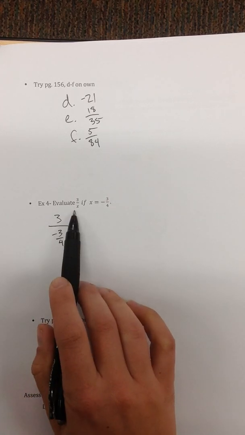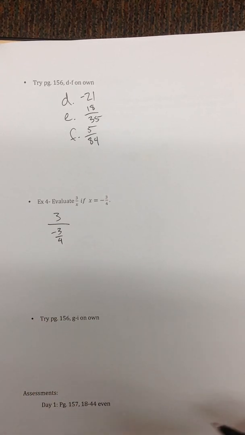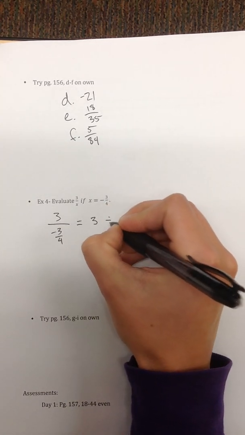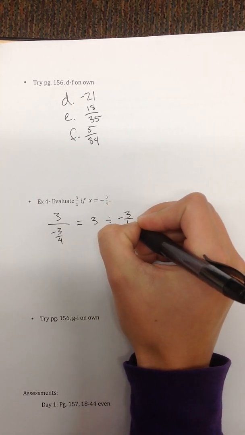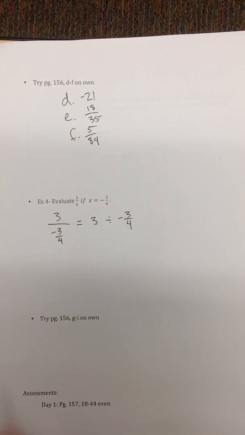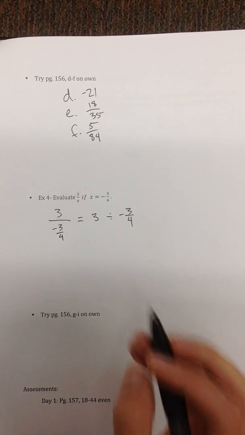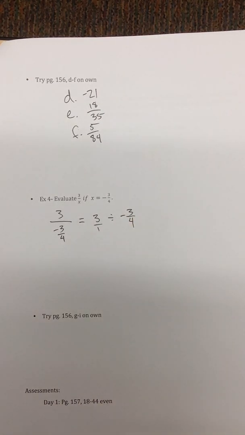So I know fractions like this are the same as division, so I could basically rewrite this as 3 divided by -3/4. That would be exactly the same as what's written here. Okay, so if that big fraction like that confuses you, just rewrite it like this so it makes a little bit more sense. Then what I would do is I would take the 3, turn it into a fraction.